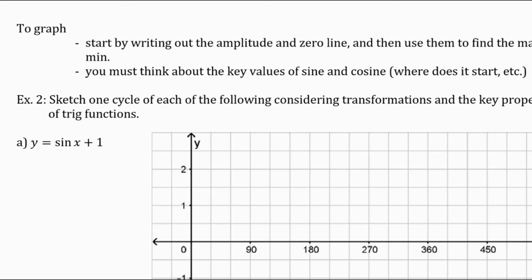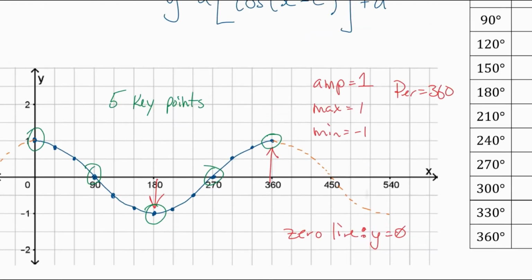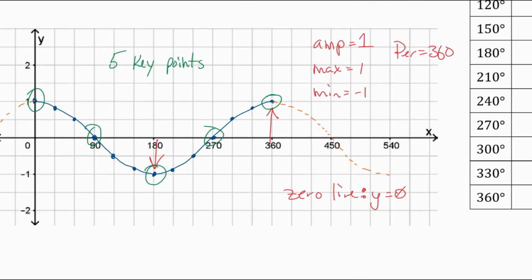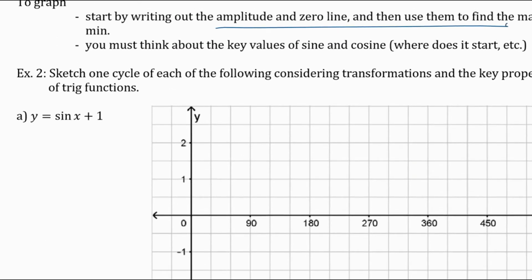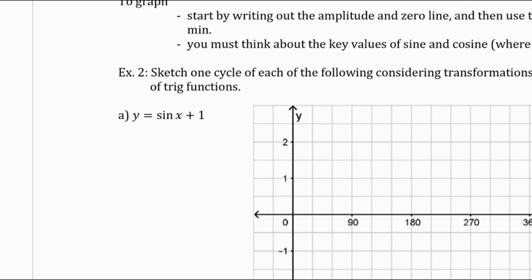The 5 key questions and the 5 points are 2 different things, a bit confusing because there's 5 of each, I suppose. But we'll think about the 5 points for sine and the 5 for cosine, and where they are based on that information that we're going to write out. All right, let's start with the first one.